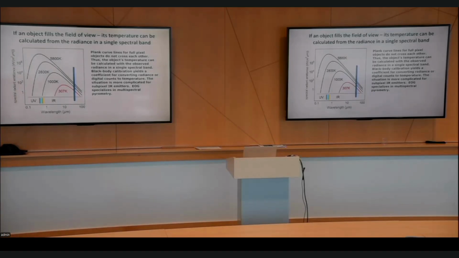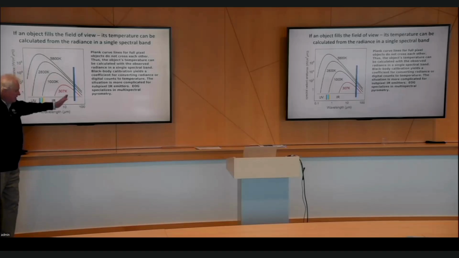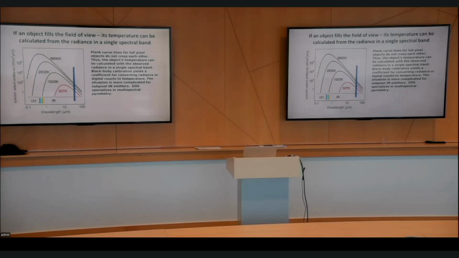But we have a different situation with data such as VIIRS, because perhaps the combustion source never even fills the whole pixel. And so this strategy of using a single spectral band to calculate temperature is a special case. It's when the object fills the entire field of view. And so what we developed are ways to get at temperature and other parameters, but it requires multiple spectral bands.